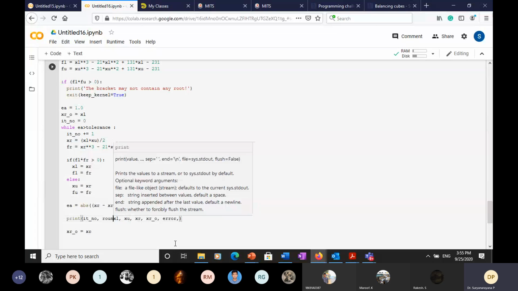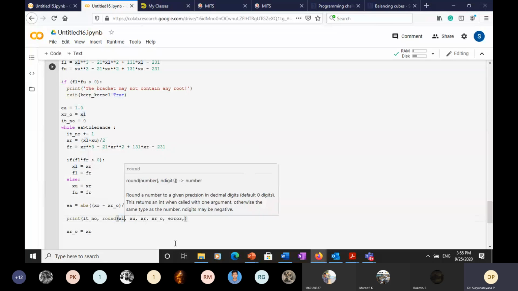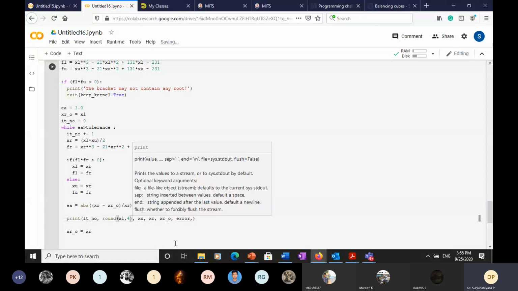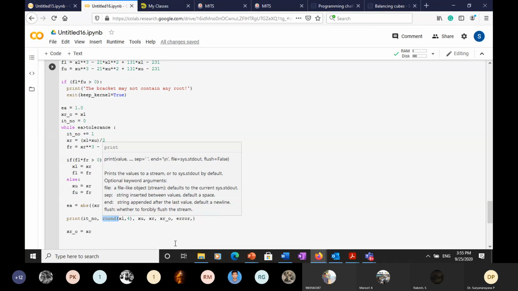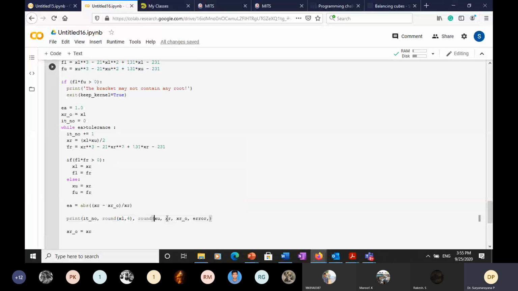So let me do the rounding to 4 digits maybe. Because I'm printing like a table, I wanted it to look clean.